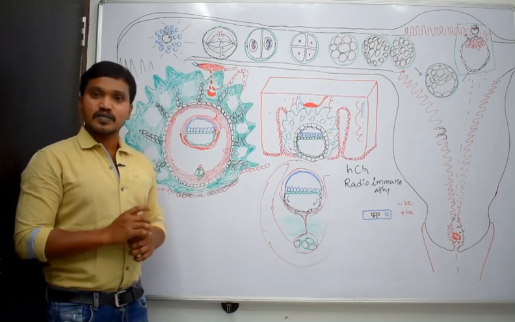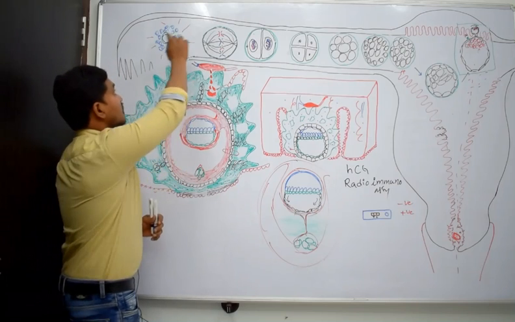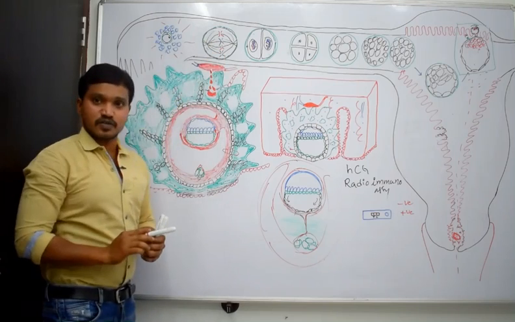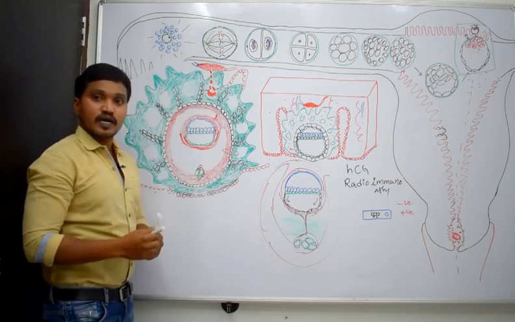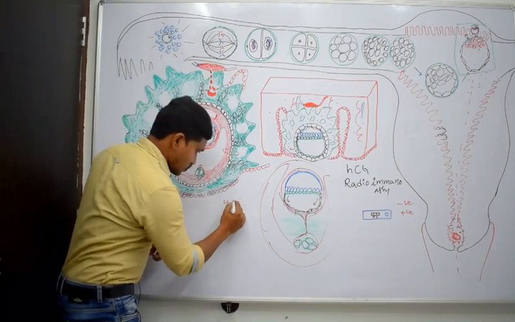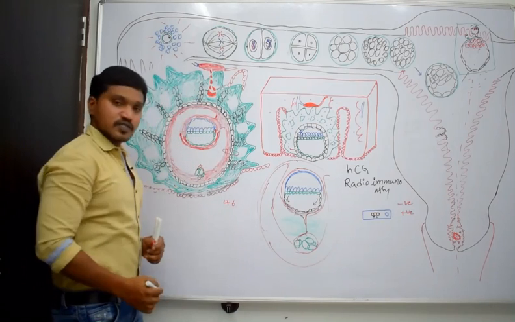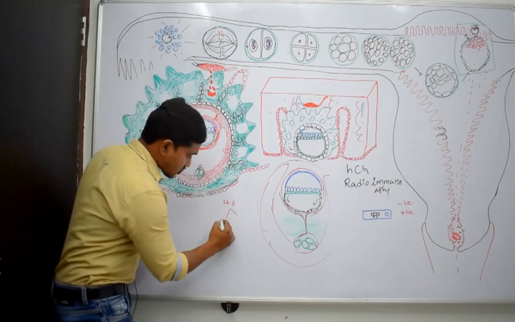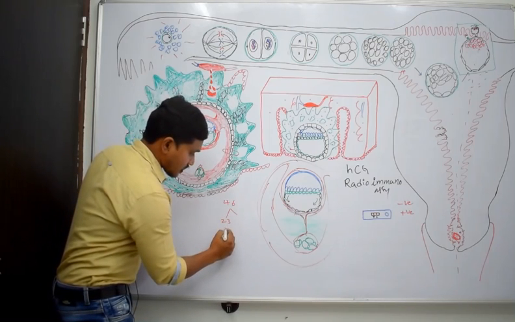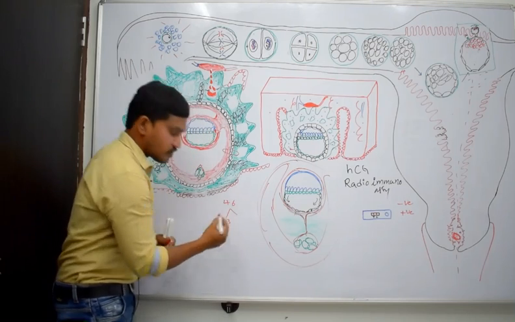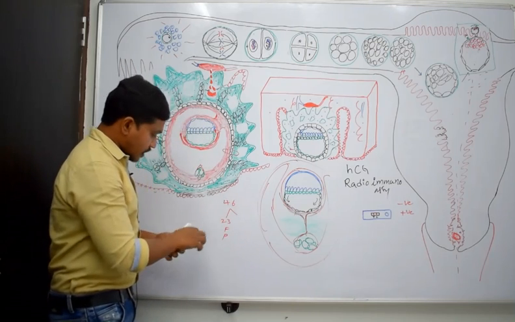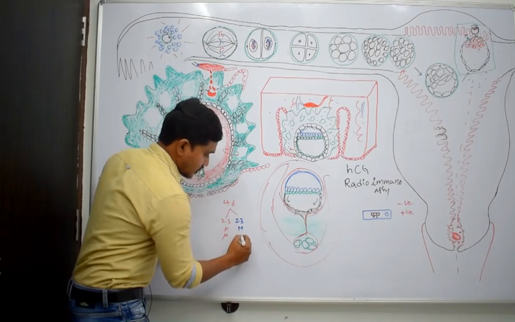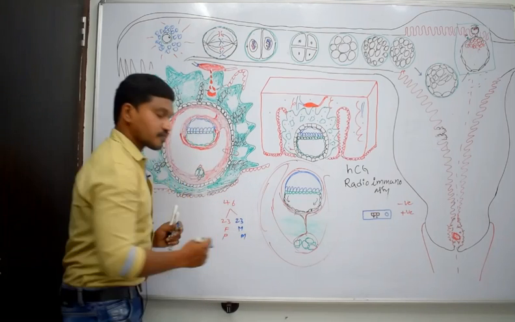What does it mean? See here, this is the fertilized zygote. After fertilization, this is the fertilized zygote. This fertilized zygote contains 46 chromosomes. In these 46 chromosomes, 23 chromosomes belong to the father, that means paternal, and the remaining 23 chromosomes belong to the mother, that means maternal, right?